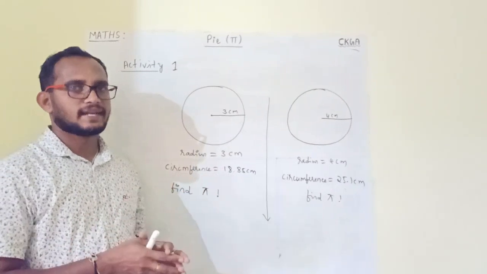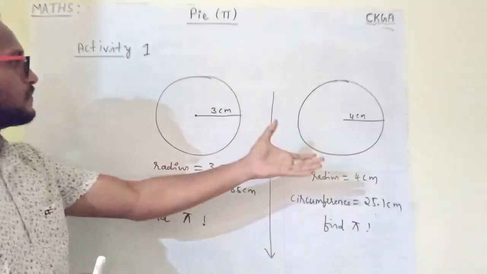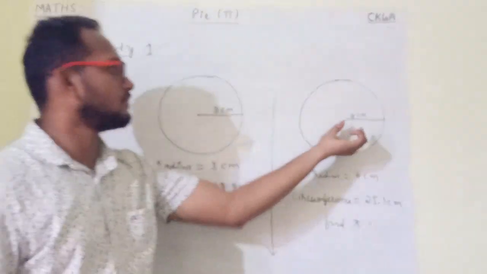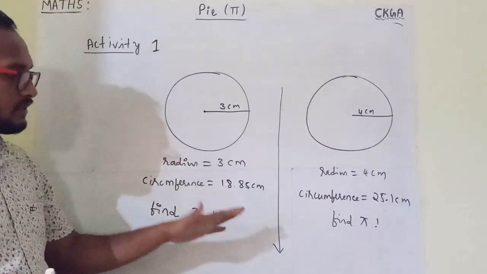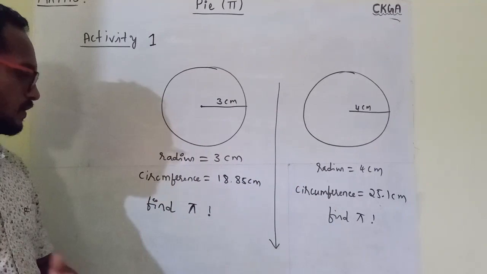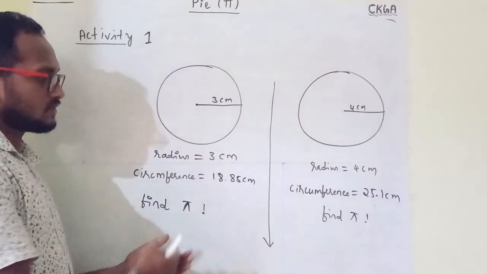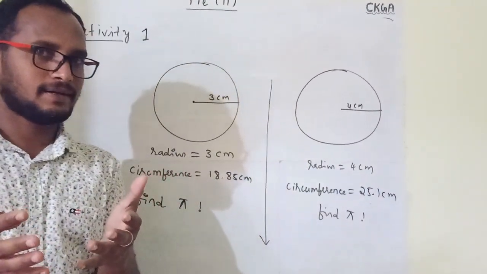Now do this activity at home. Activity 1: I have given two different circles with different radii, 3 centimeter and 4 centimeter. The circumference is already given. It's just your task to find the value of pi in each case.